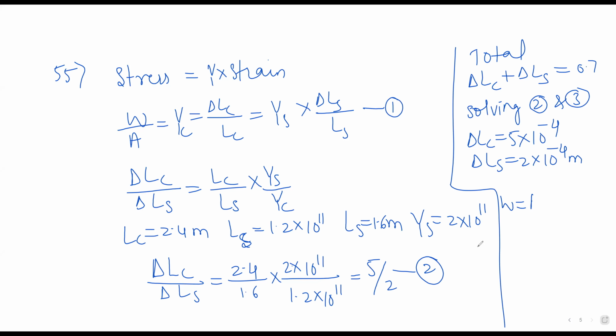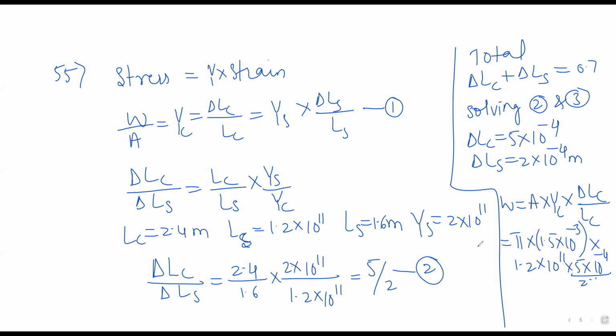Therefore, W is equal to A into Young's modulus for copper, into delta LC, the change in length for copper, divided by the original length of copper. So pi into 1.5 into 10 to the power of minus 3 into 1.2 into 10 to the power of 11 into 5 into 10 to the power of minus 4, whole divided by 2.4.